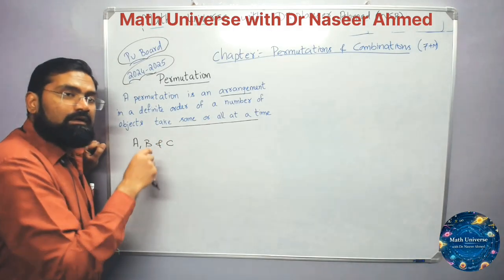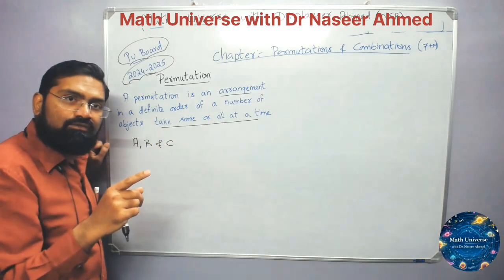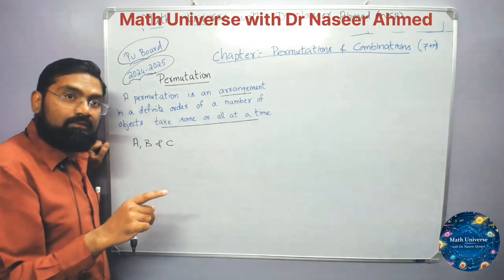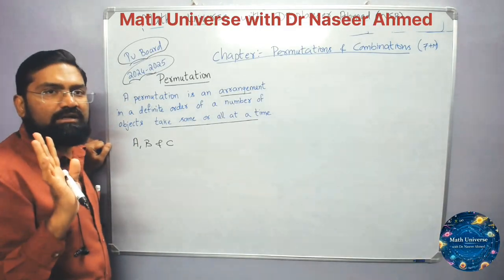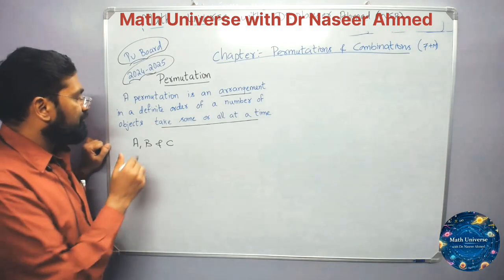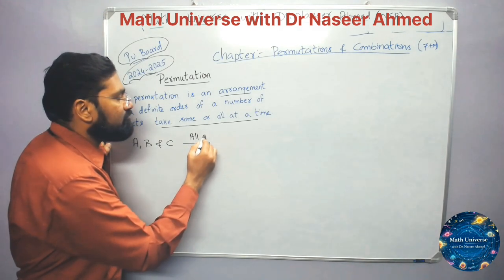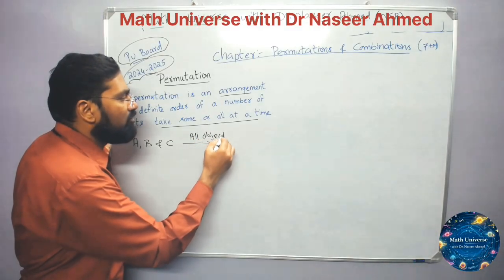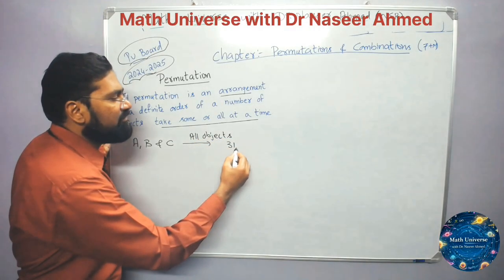Now, the factorial concept we have understood is the arrangement of all the objects, but it should be distinct objects and without repetition, correct? So if I take all the objects for arrangement, since I've got 3, the answer is 3 factorial, which is 6 ways.